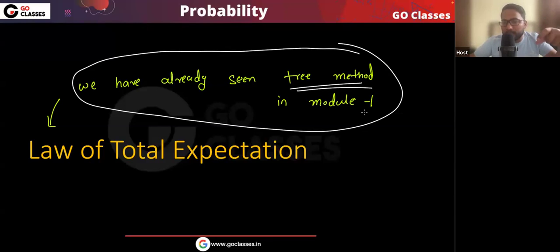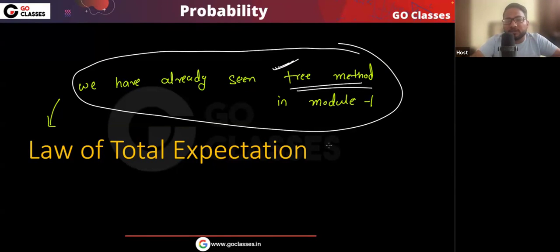I first solved all of these questions and understood the theory, because that theory was not given anywhere in that illustrative way. There might be questions here and there for the tree method and the expectation, but there was no detailed explanation anywhere. So I discovered that detailed explanation by myself, and then I taught it. So this was one of my eureka moments for module 1 and the teaching. I really like the tree method.